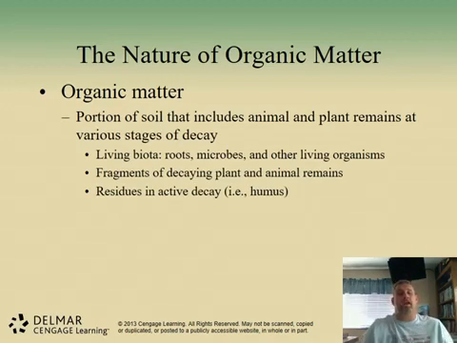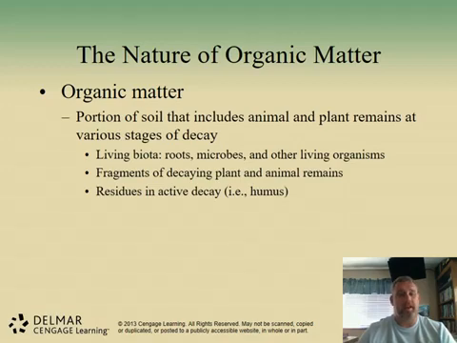So organic matter is the portion of a soil that contains all of the old animal and plant remains that could be in various stages of decay. These are things that were at one time a living organism and are no longer active within the soil, but are now being broken down into smaller pieces.